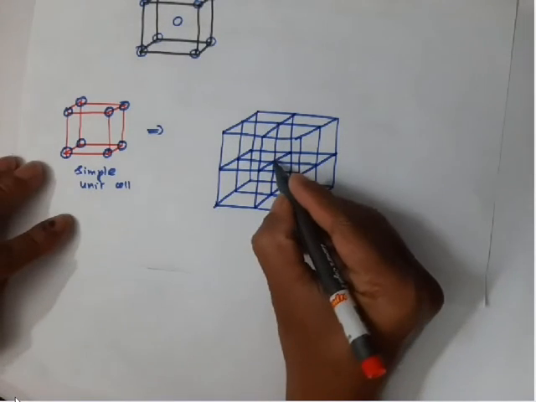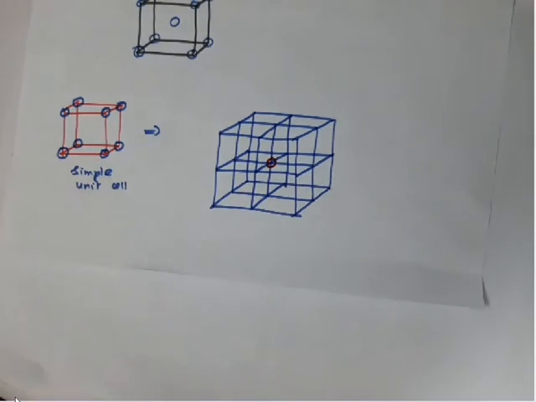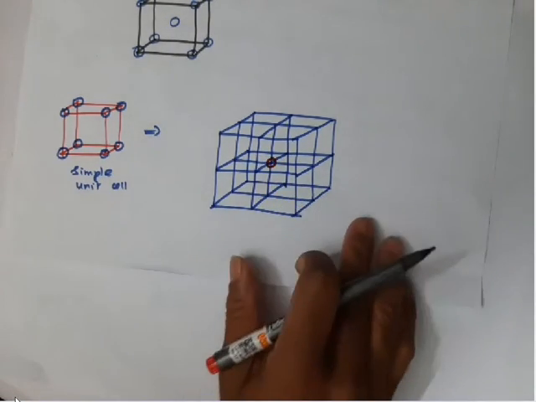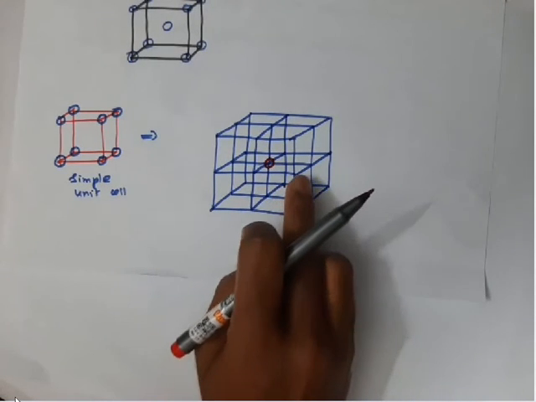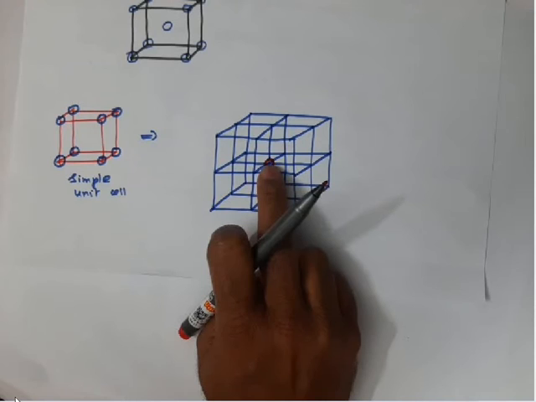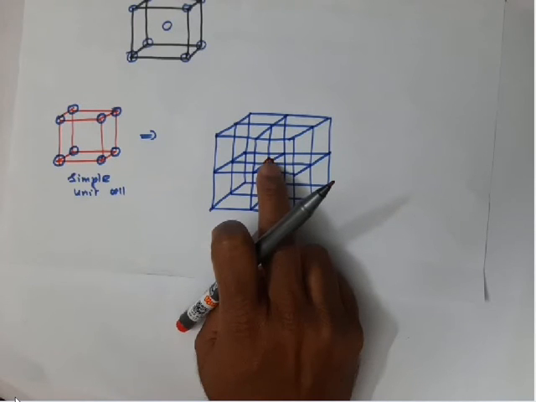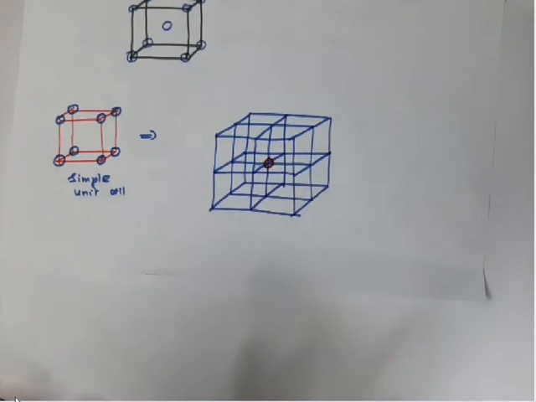Now listen, I'll take the middle point, and I'll place one particle here. Now look at this particle carefully. This particle is not the corner of only one unit cell; it is present at the corners of the 8 unit cells. Am I right?